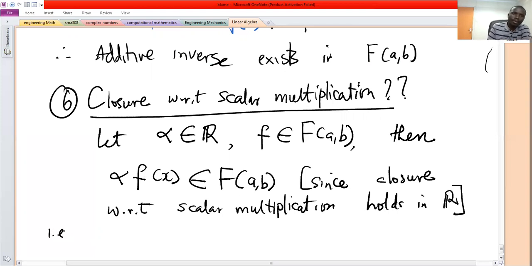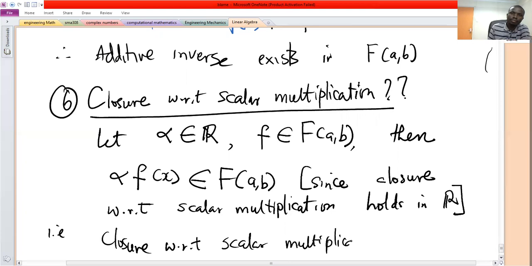So i.e. closure with respect to scalar multiplication holds on this set.